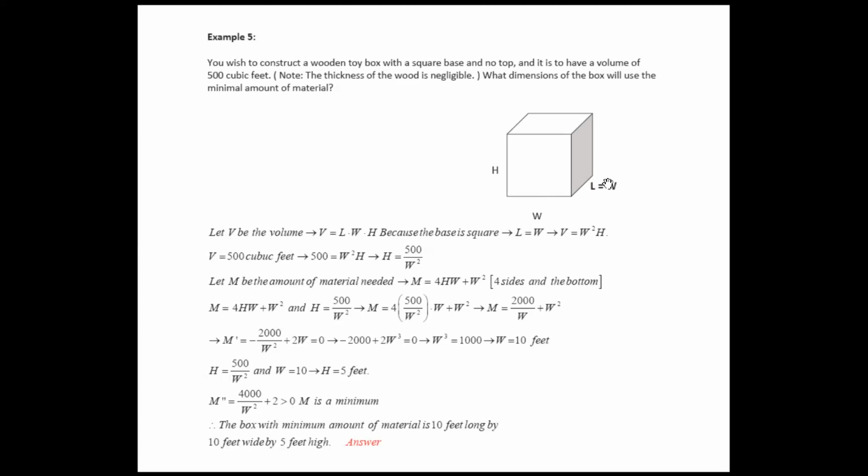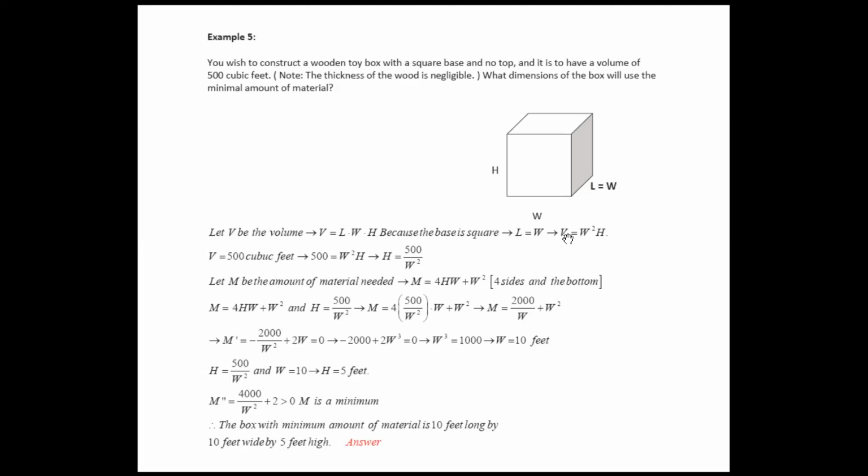Now, we've said that we're making L equal W. Why? Because we're told that the base is square. So these have got to have the same letter. So let's just make this W and call this W, okay? That dimension. So that means that our volume, which was length times width times height, is now W squared times height, or W squared times H, okay?